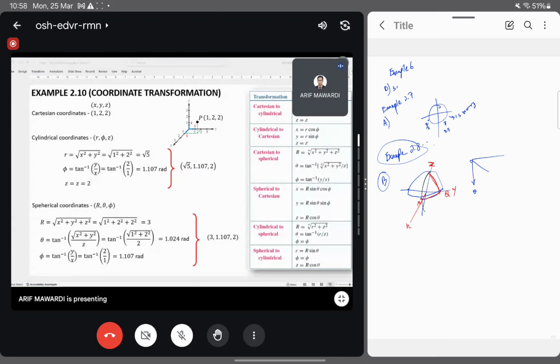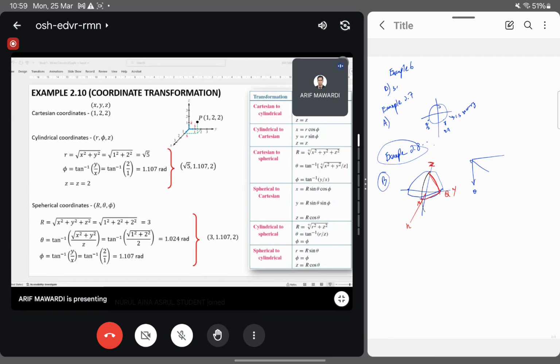Okay, so now let me specify the same point in the spherical coordinate system. For the spherical coordinate system, the coordinate variables are capital R, theta, and phi.